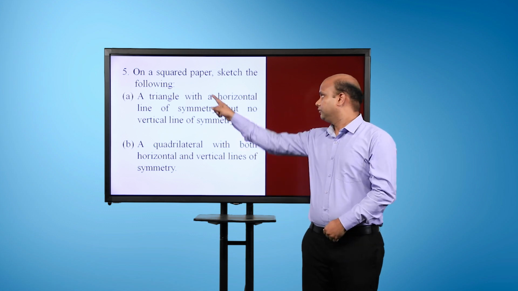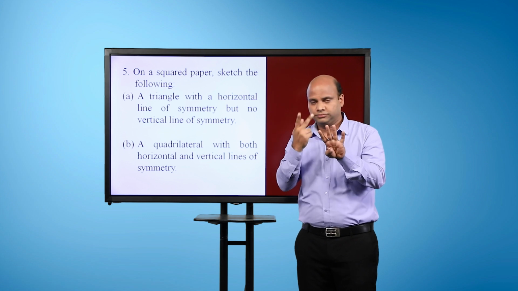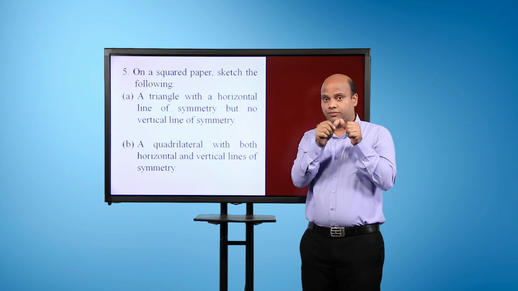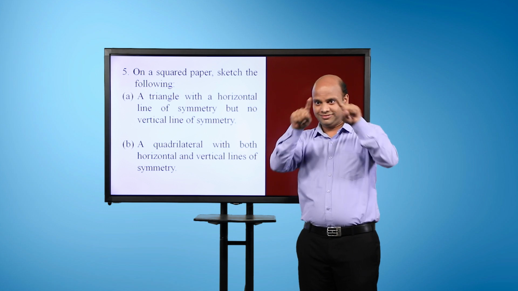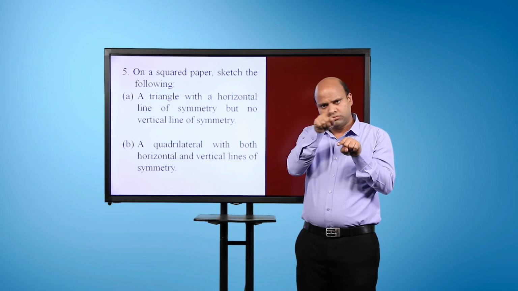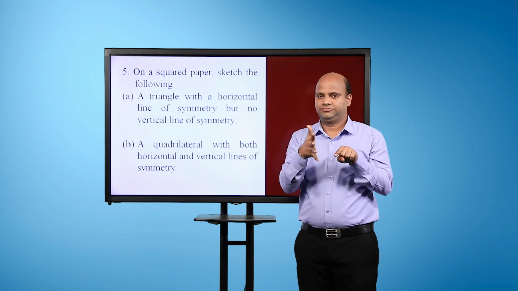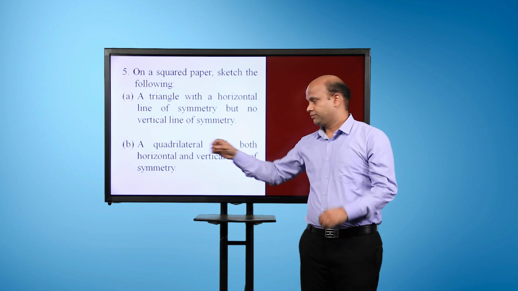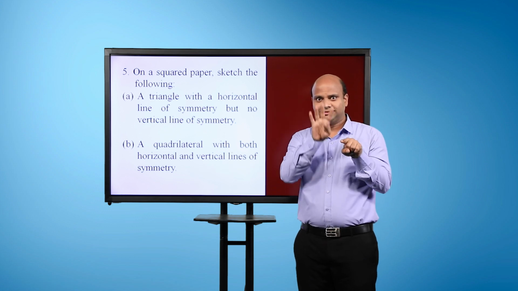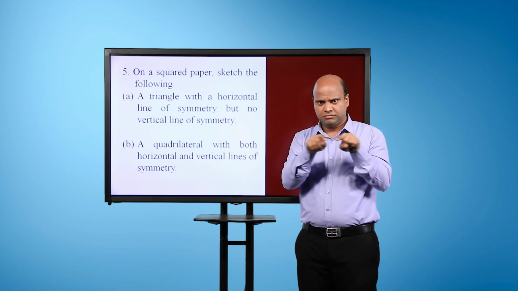5. On a squared paper, sketch the following. A. A triangle with a horizontal line of symmetry but no vertical line of symmetry. B. A quadrilateral with both horizontal and vertical lines of symmetry.